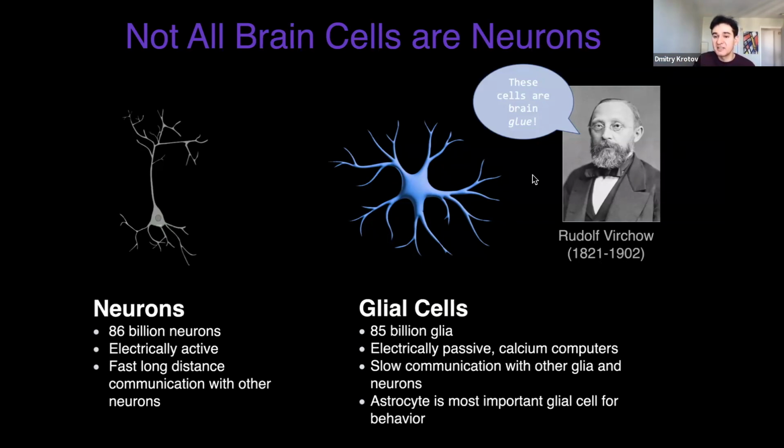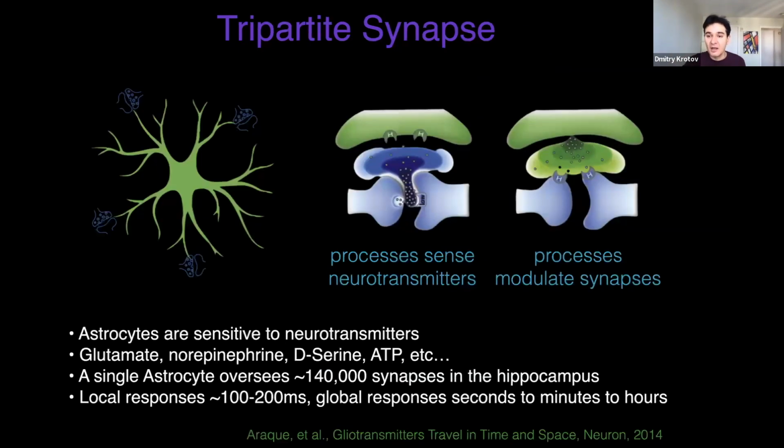They were first described by a German physiologist, and he noticed that they're so ubiquitous in the human brain that they kind of hold the whole brain structure together. That's why he thought that they serve as glue, and that's why he called them glia. And the word astrocyte originates from the Latin word astra because of this characteristic star-like shape that you can see under the microscope. So what is so interesting about these cells?